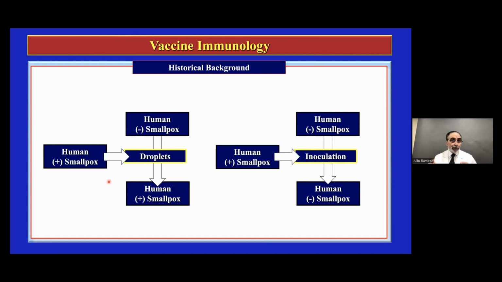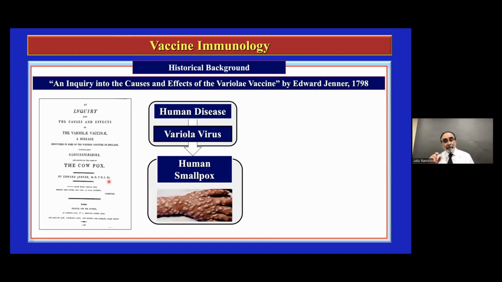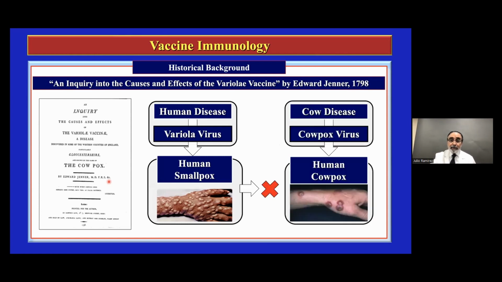Jenner also mentioned in his textbook that as a child, he was inoculated and he was sick for 2 weeks, but then he survived the inoculation and was immune to smallpox. If you get the variola virus, this will be the hand of a person with smallpox. We know severe vesicles all over.